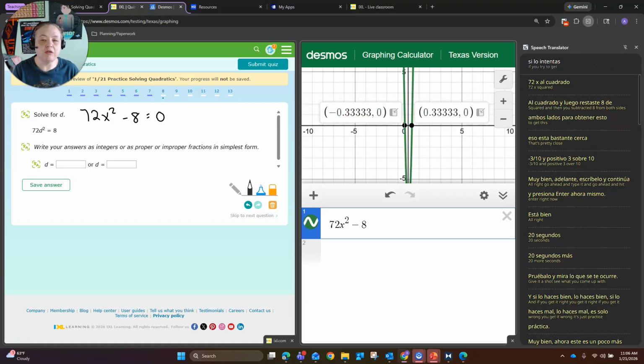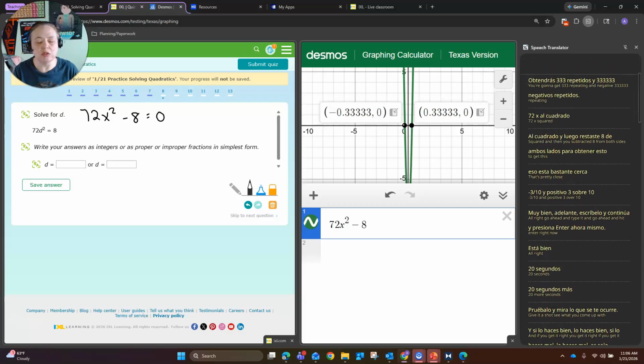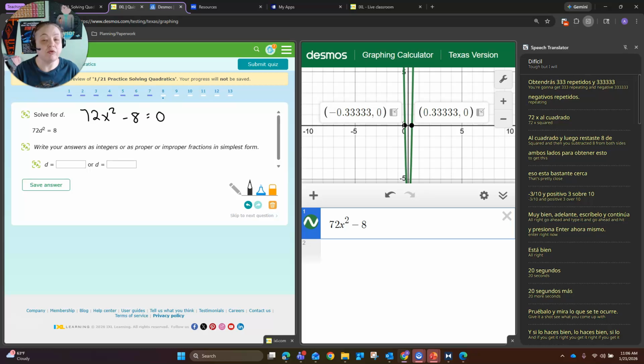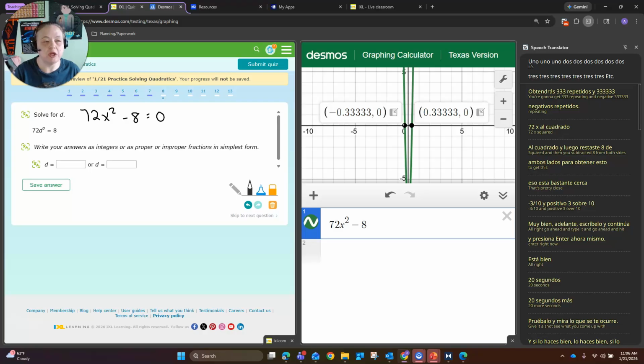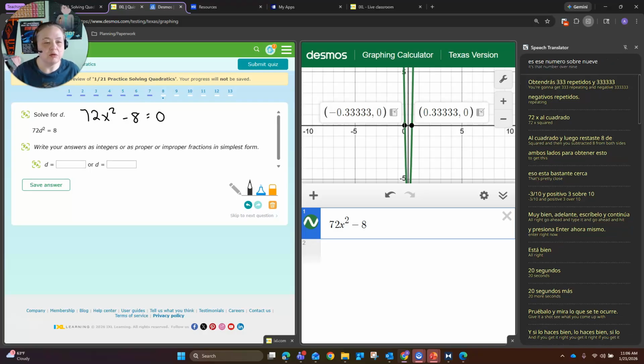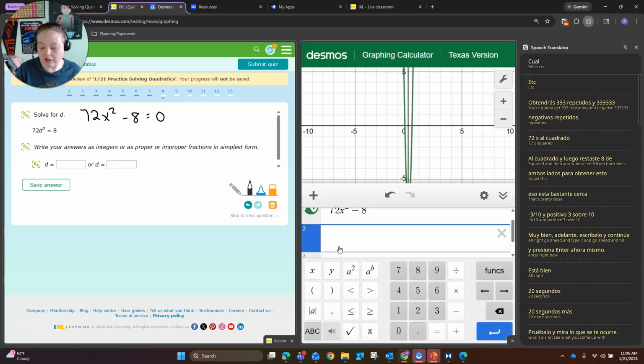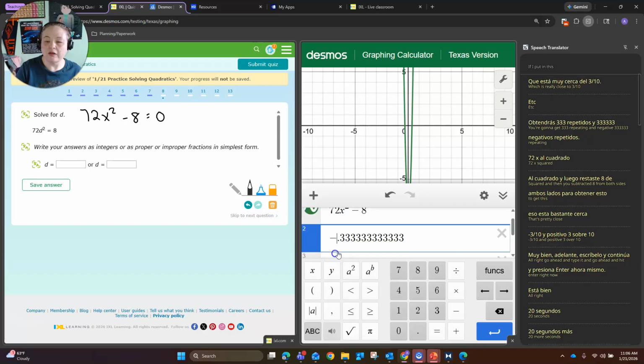But I will tell you a trick is if you see the exact same number repeating, like 1, 1, 1, or 2, 2, 2, or 3, 3, 3, it's that number over 9. All right. So 0.3 repeating and -0.3 repeating are actually 1 over 3, which is really close to 3 over 10. Okay. Because if I put in this, no matter how often I do it, it's going to be hard to put into a fraction. Okay.